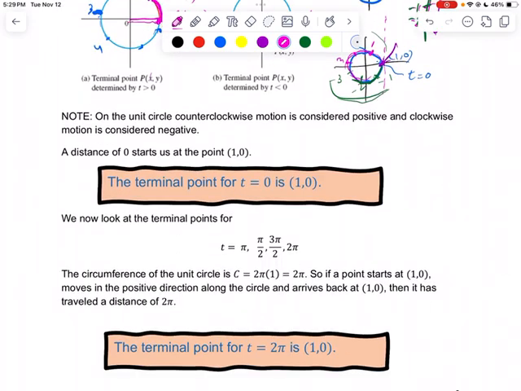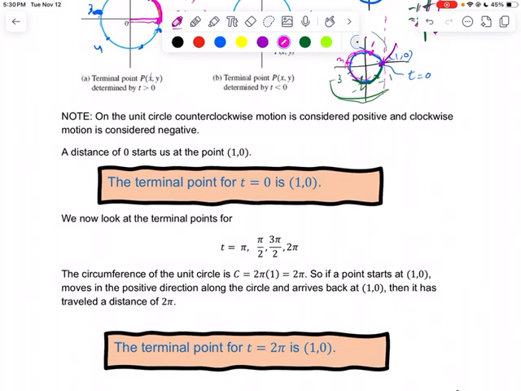Okay, we now look for terminal points of the t values pi, pi over 2, 3 pi over 2, and 2 pi. You might be like, but what are those? And remember, these are real numbers. Pi, 2 pi, any multiple of pi, these are real but irrational numbers.